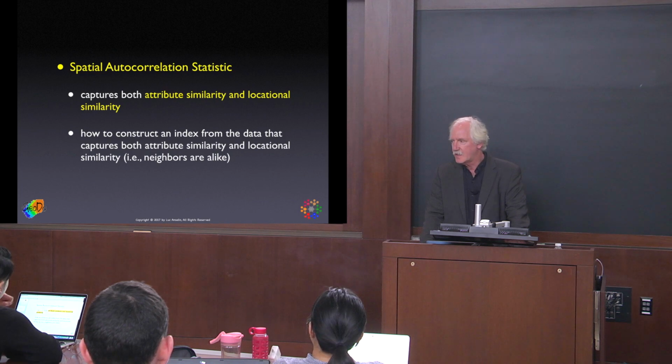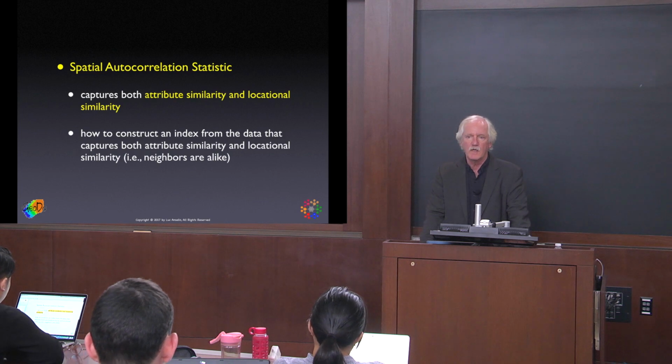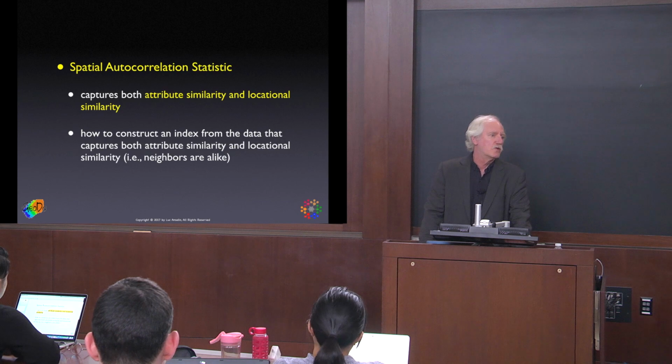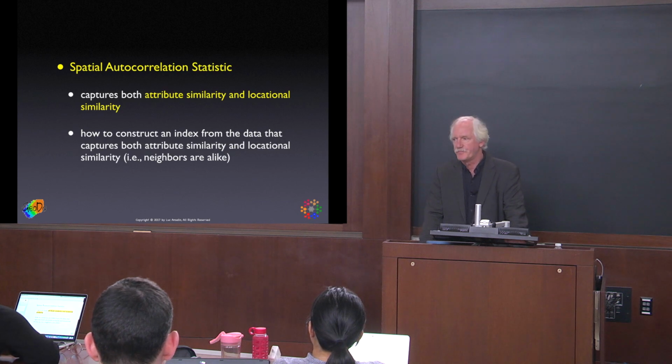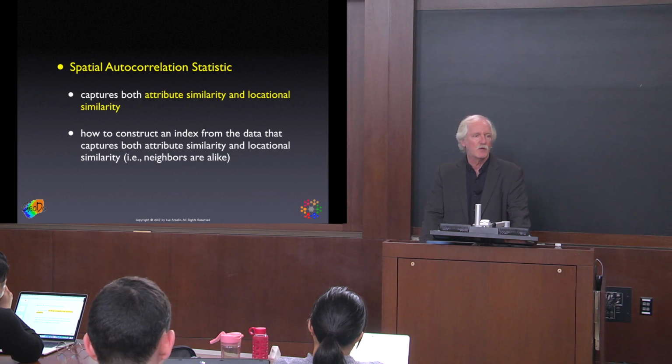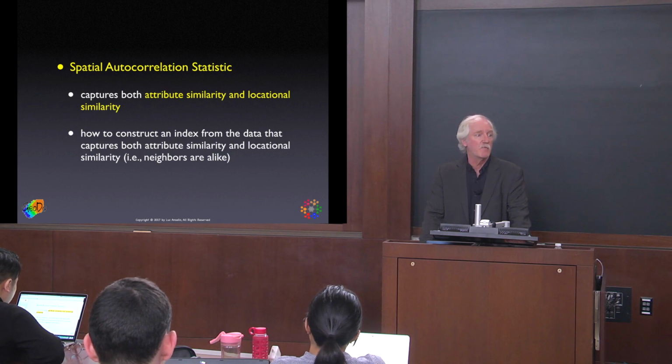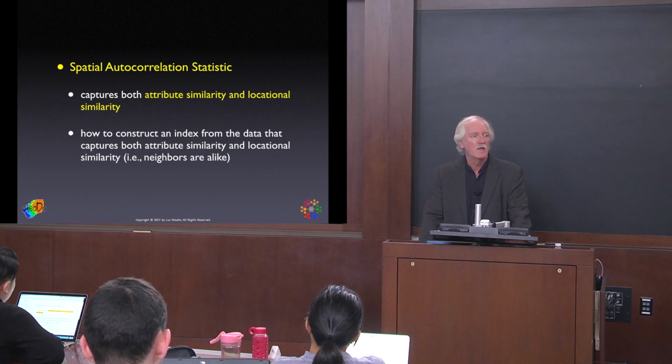And a statistic, as you probably know, is just something that you construct from the data, right? So you could look at data on a map and say, well, what would be a good spatial autocorrelation statistic? And you might say, well, what about the maximum value? Well, we already know, since the maximum value doesn't tell us anything about where that happens, it won't be a good spatial autocorrelation statistic.